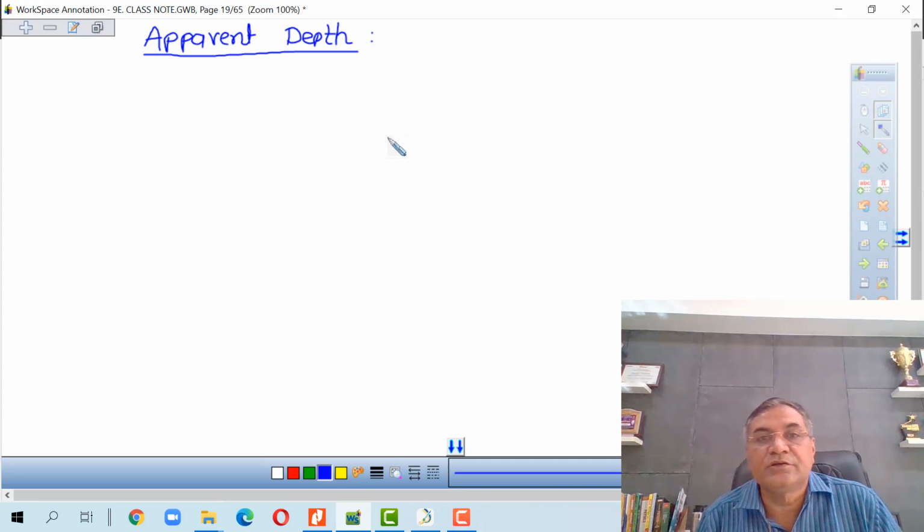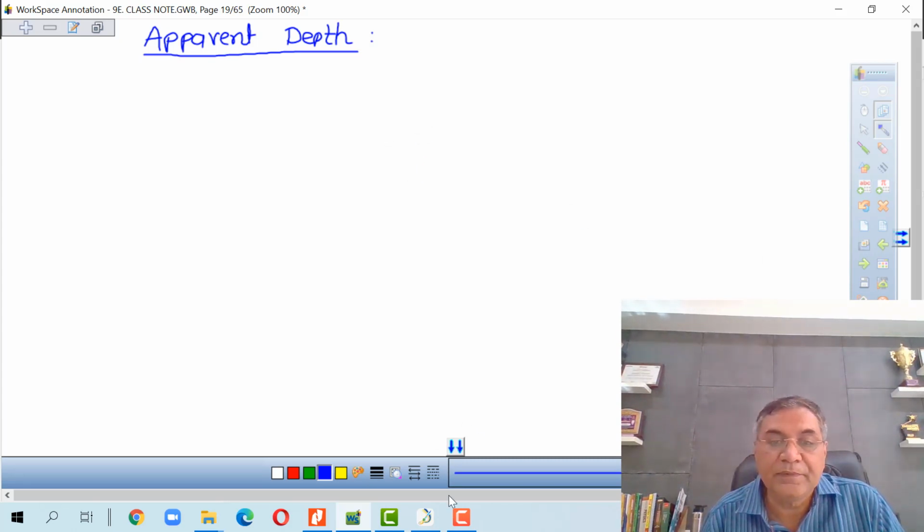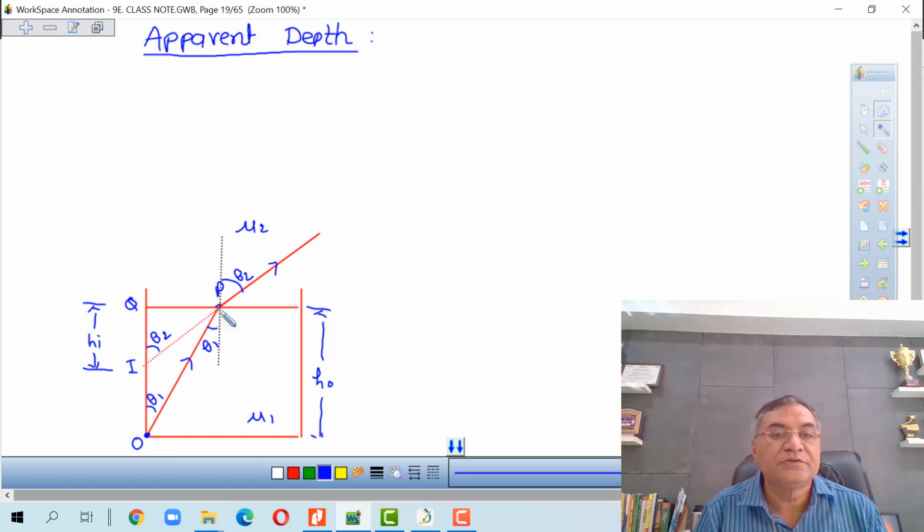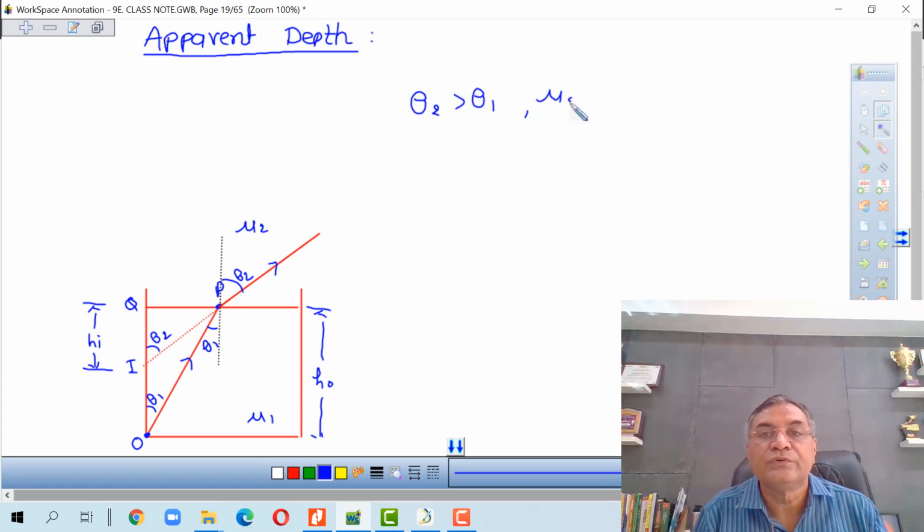So what is the relation between real depth and apparent depth? Formula, diagram. I want to prepare one figure. Suppose one object is here. There are so many rays, but one ray is coming out, incident at this point, and this is denser, this is rarer, so it goes away from the normal. So here theta 2 is greater than theta 1, mu 2 is less than mu 1.